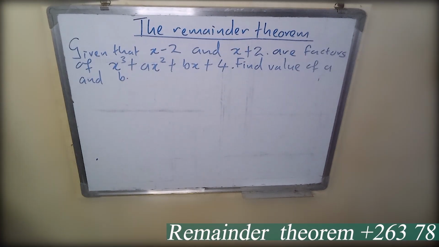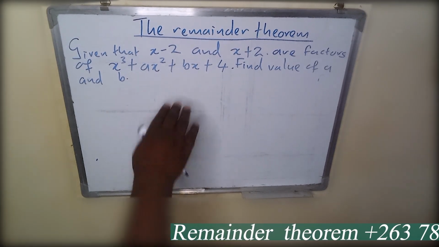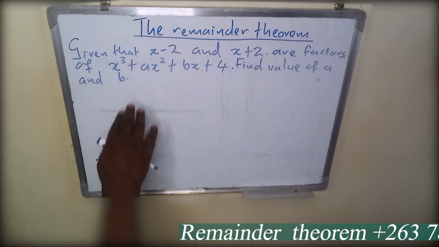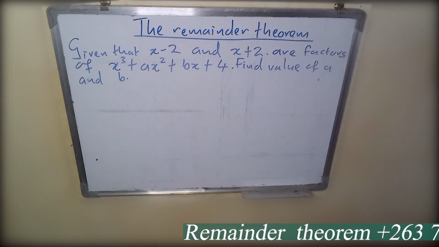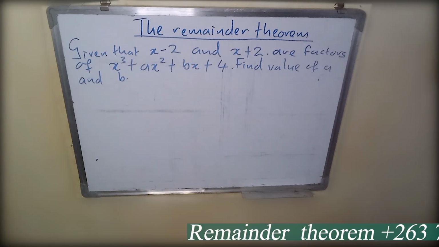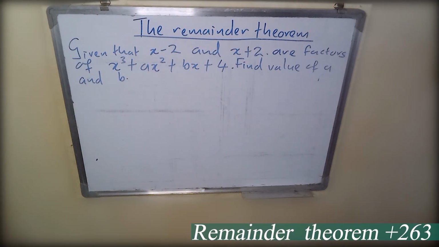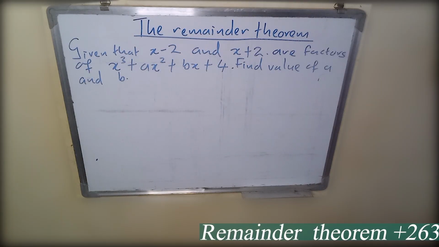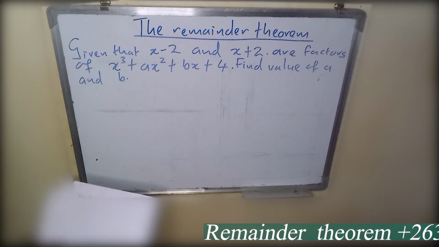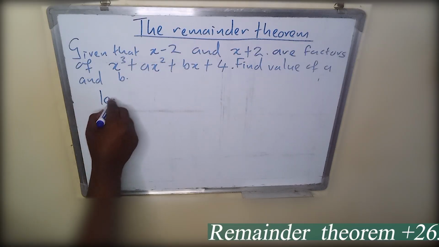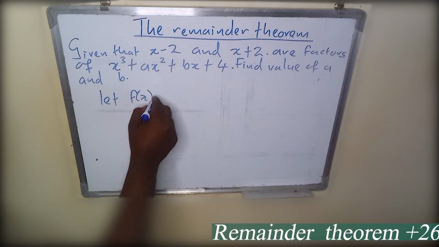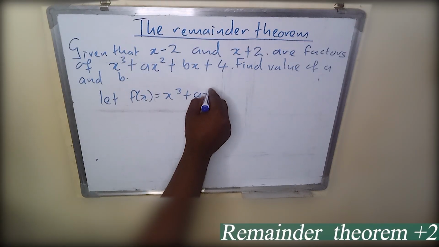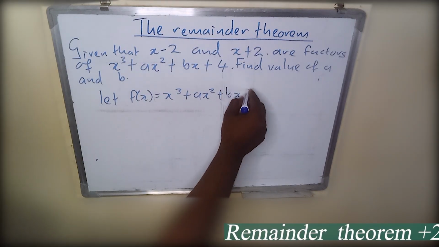Another question says that given that x minus 2 and x plus 2 are factors of this polynomial, x cubed plus ax squared plus bx plus 4, find the value of a and that of b. So let f of x equal x to the power of 3 plus ax squared plus bx plus 4.